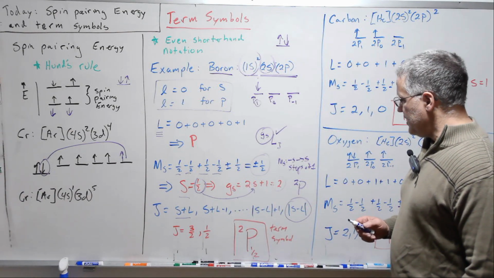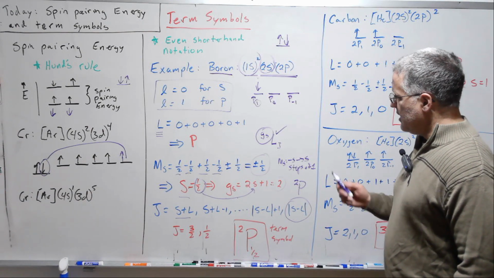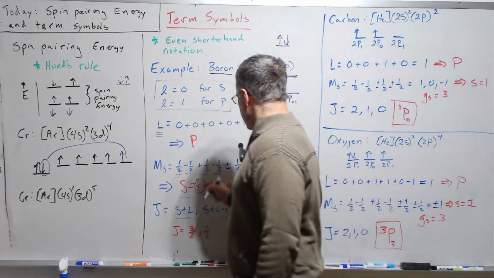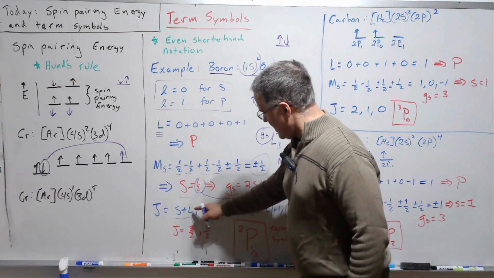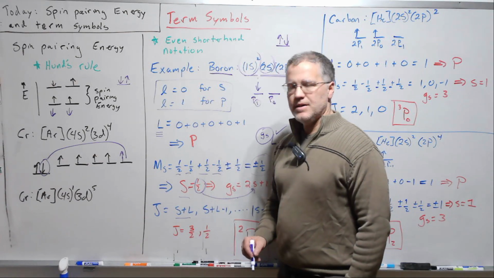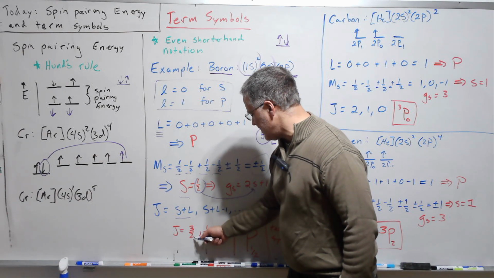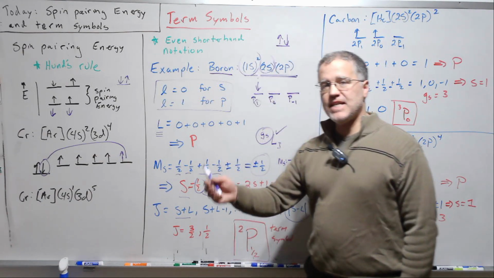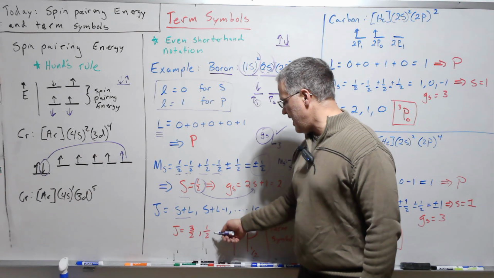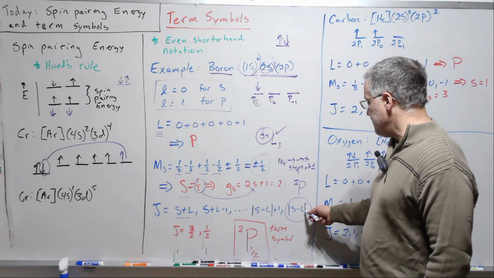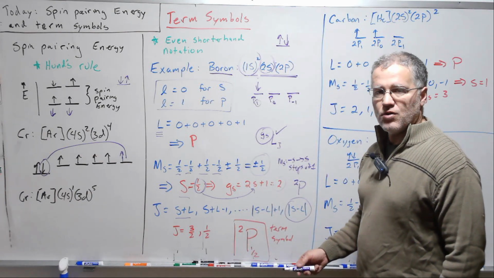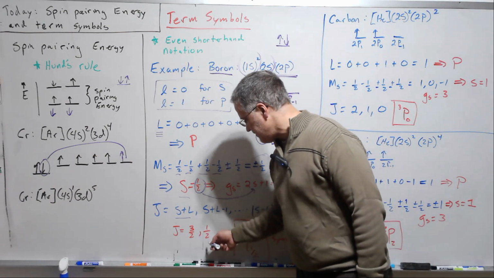And so in this particular case, L is 1 and S is 1/2. Therefore, the maximum J can be is 3/2, and then we step down in 1, so that'd be 1/2, and the minimum we can be is L minus S, or 1/2. So that's it, we're done.